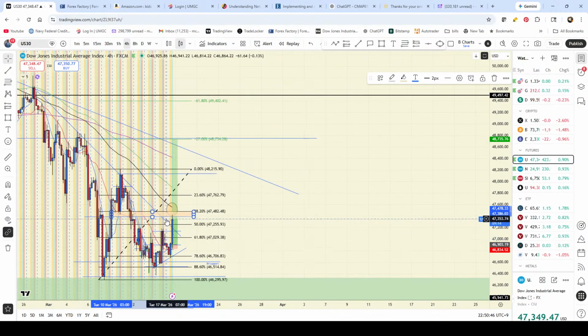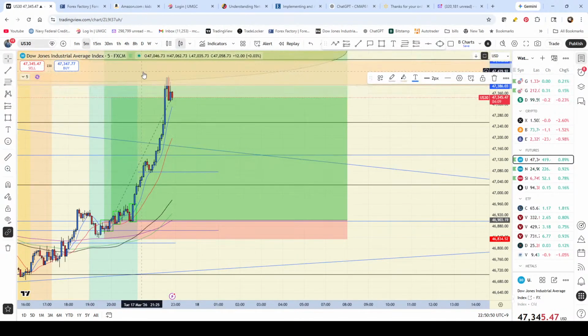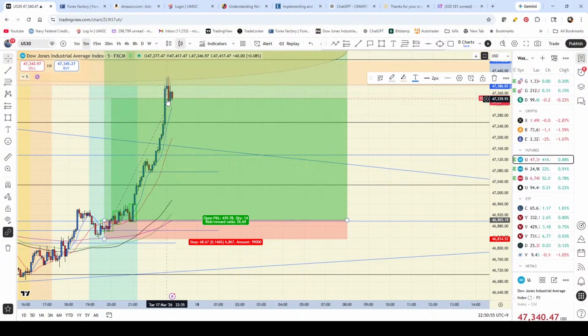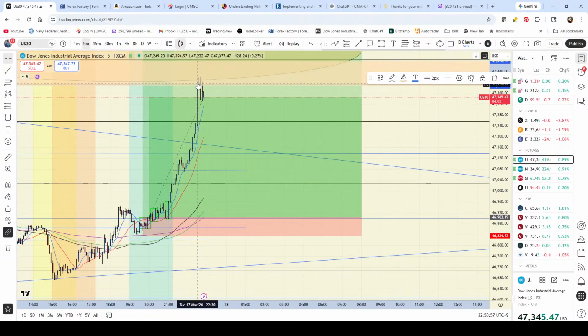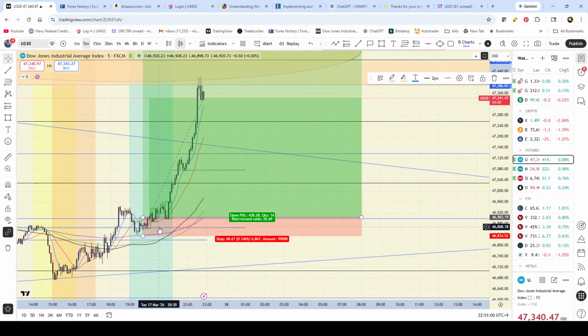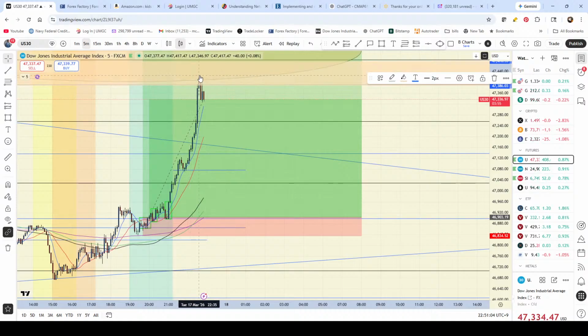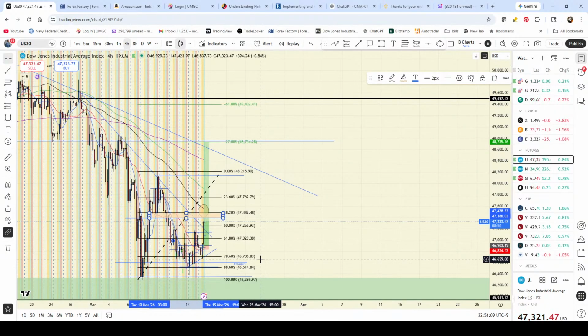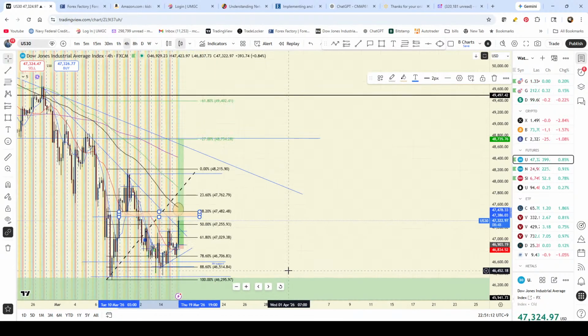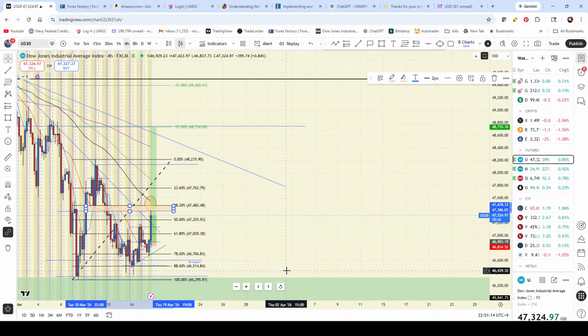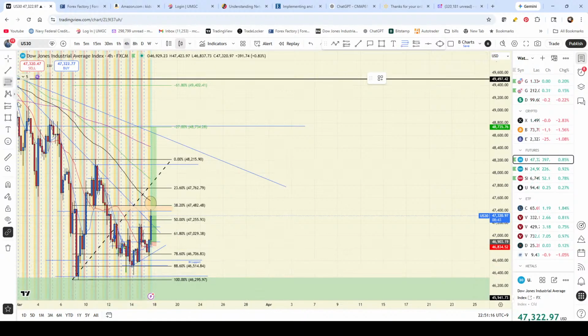And I don't like how price exited this area, how it moved with impulse, which could be manipulation. How it is moving strongly from that area, I didn't like that. I can be wrong.